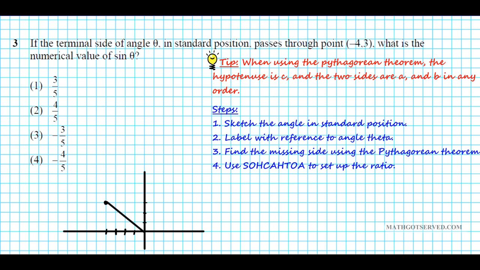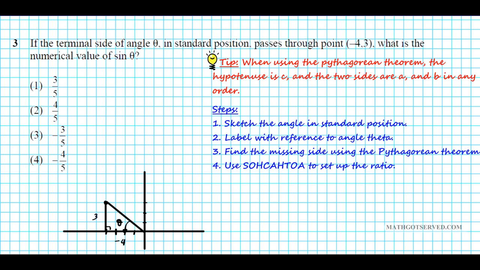Theta is going to be the measure of the angle from the terminal side to the closest x-axis. So this is theta. Let's draw this right here. What do we have? We have a right triangle. This is 3, this is negative 4.